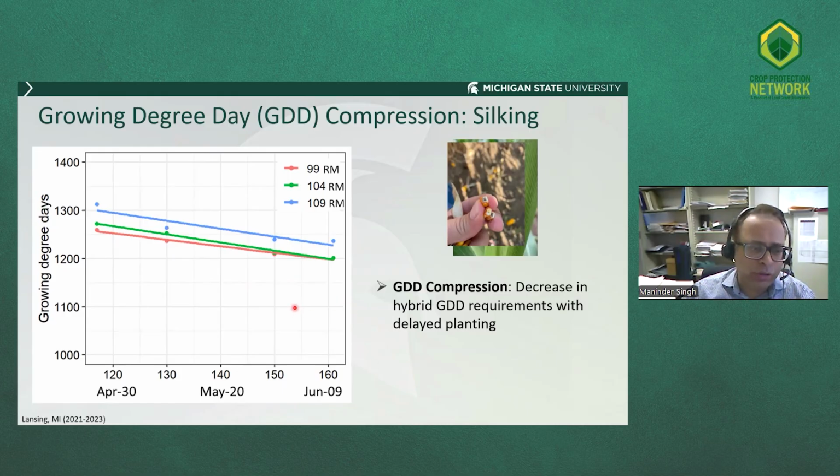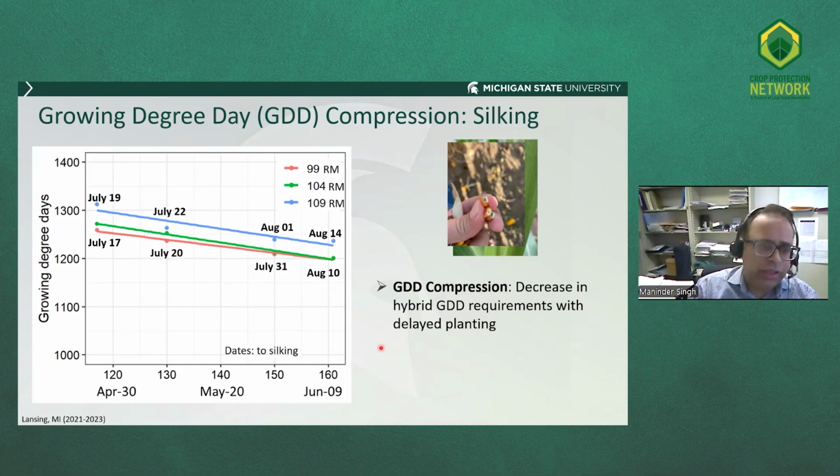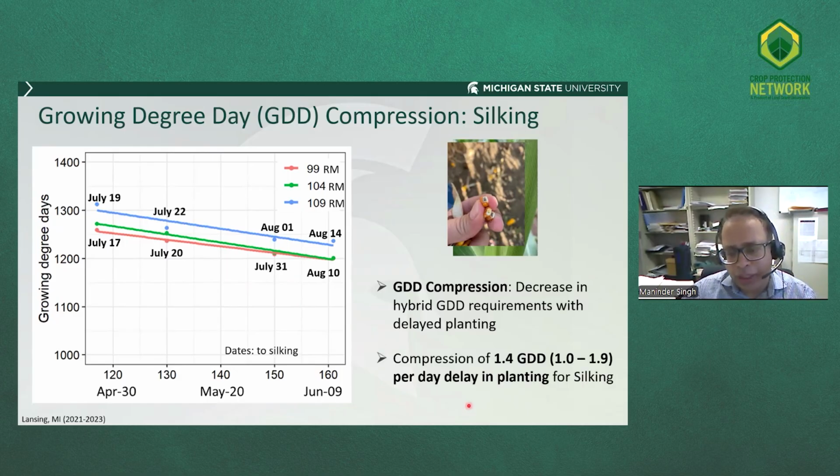But you can see the slope of these lines is not as steep as we saw in the last figure, right? Most of our silking did occur in mid to end of July for those early planting, later maturities, which is good. In terms of compression, we did see some, but not as much as what we saw for the black layer, right?